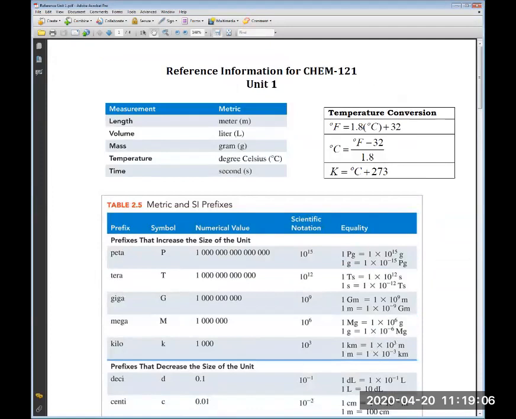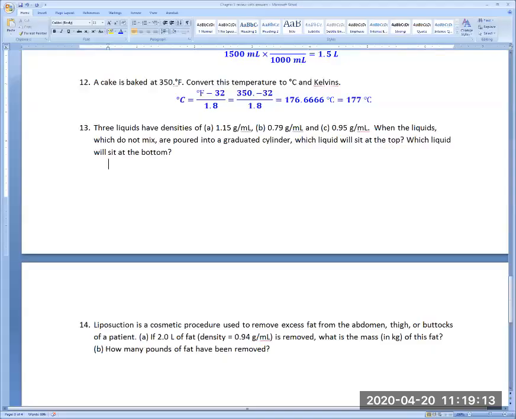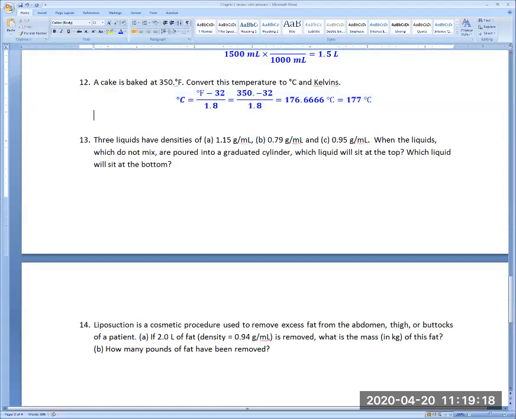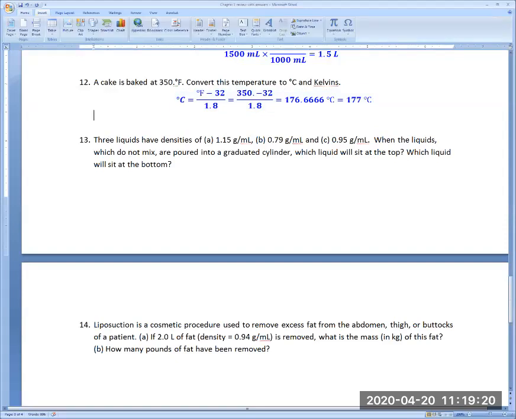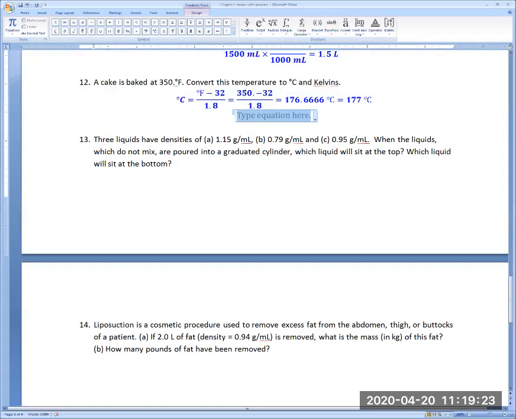So we still have to do the Kelvin. So let's do the Kelvin now. Kelvin are very similar to degrees Celsius in the sense that their degrees are the same size. It's just offset by 273. You saw in the previous share that Kelvins have no degree symbol in front.